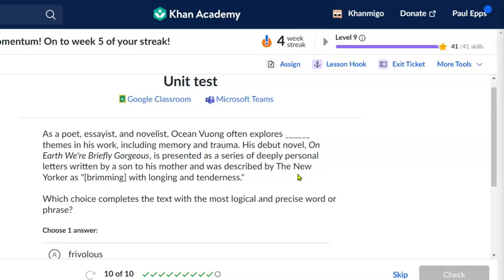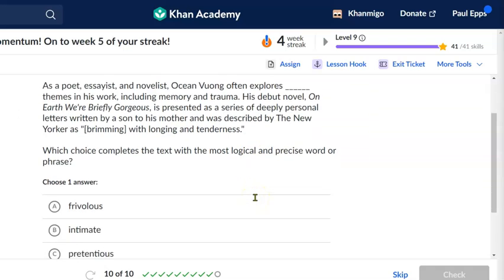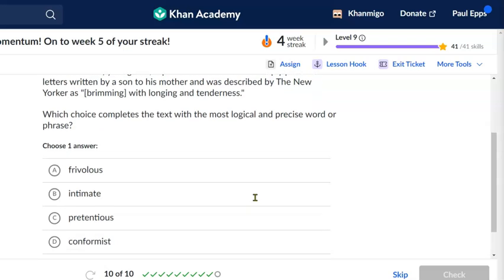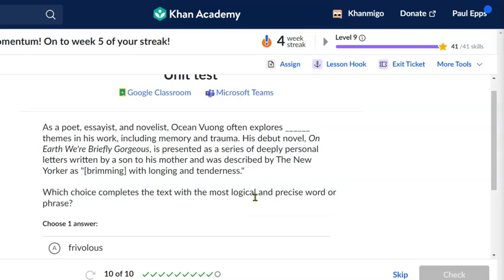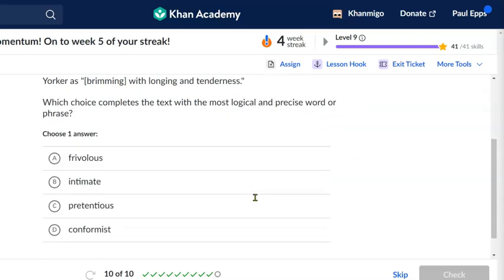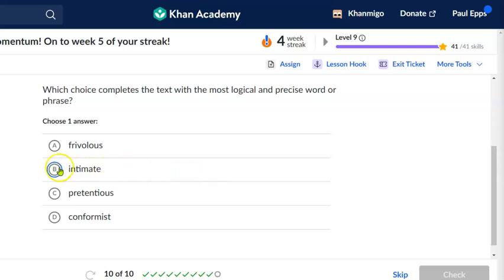So what kind of themes does he explore in his work? I mean, the only one that seems to make sense there is intimate, not frivolous, pretentious, conformist. None of those make sense. Let's go with B.